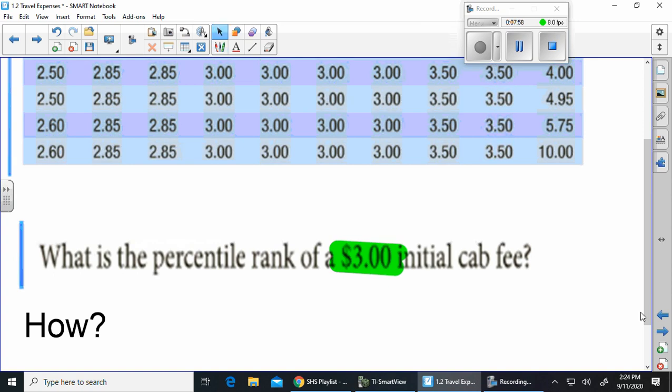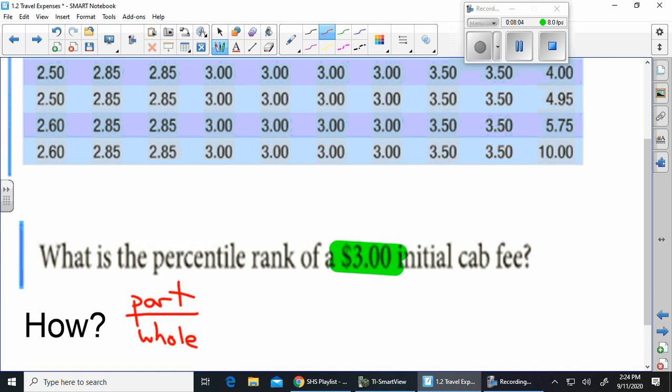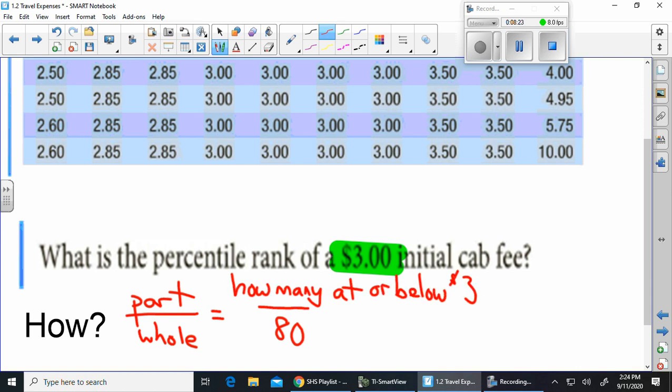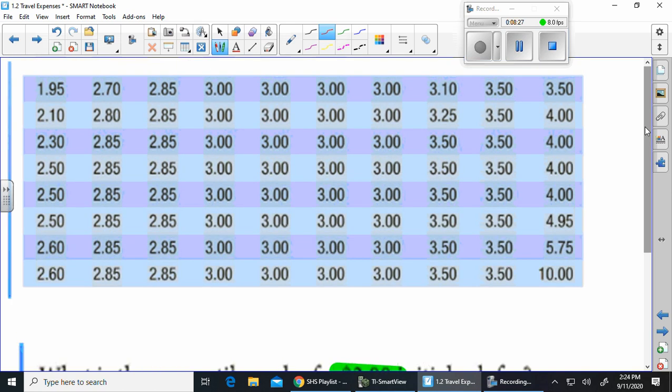What we want to think of with percent is part over whole. Well, whole, there's 80 cab fees. My part, how many are at or below $3? So I'm just going to go up to this list and I'm going to count.